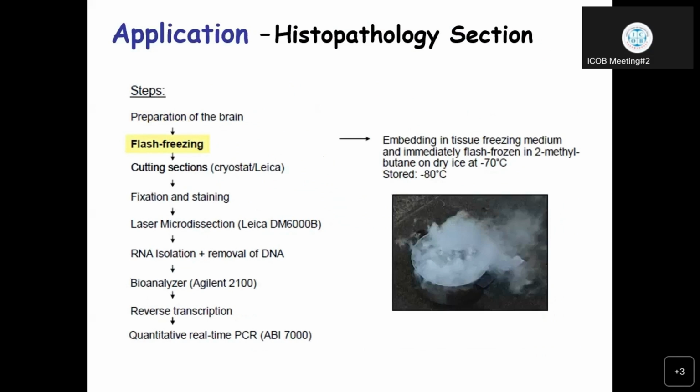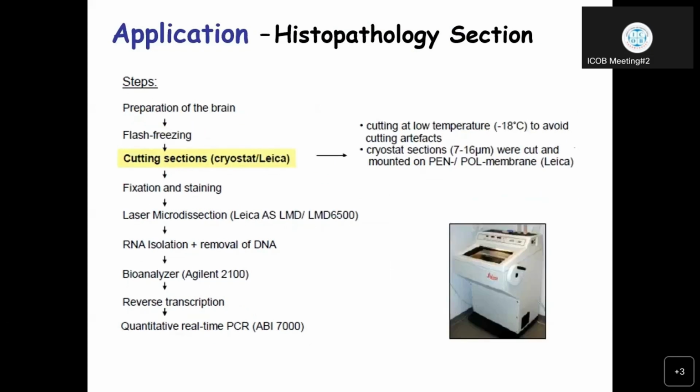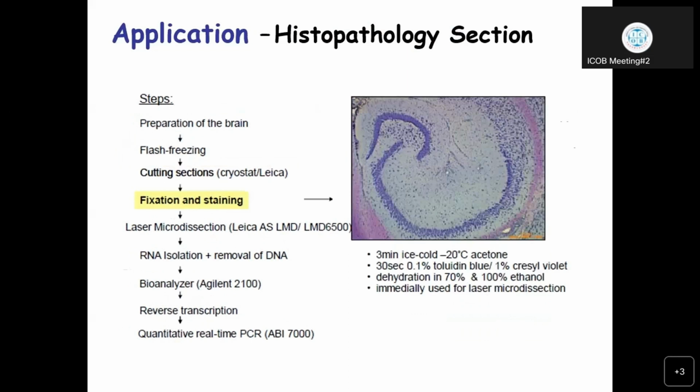The second step is that the tissue can be embedded in paraffin or flash frozen in liquid nitrogen, then embedded in OCT for the following cryosection. Cut the tissue sections and mount them on a membrane slide. Then do the fixation and the staining of the tissue section, which are the same as classical preparations for histology.